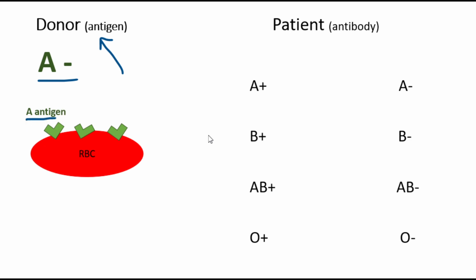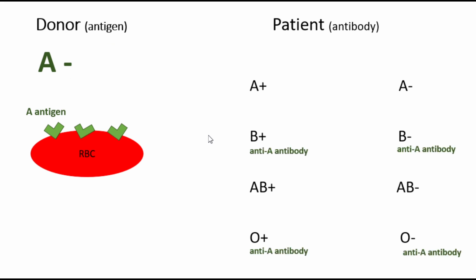They're not going to attack A antigen. Again, step by step. We know that we have anti-A antibody in individuals with B blood type and O blood type. So these patients do not accept receiving A blood type.